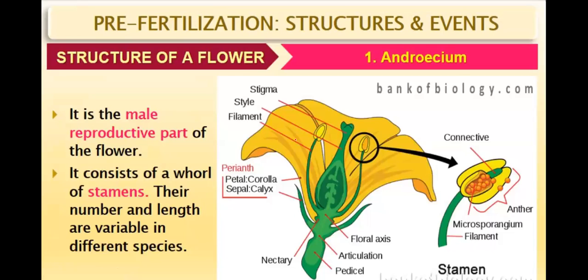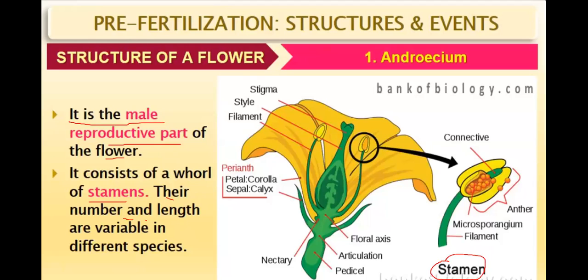Let us proceed. Now we'll be discussing androecium. It is the male reproductive part of a flower. It is also known as stamen. It consists of whorls of stamens.